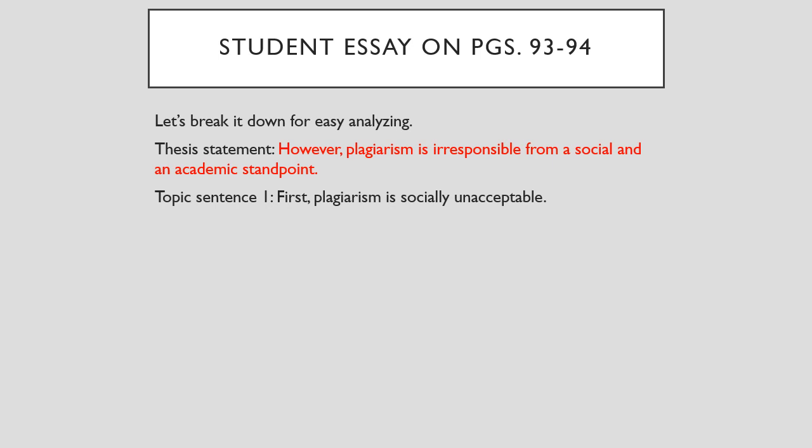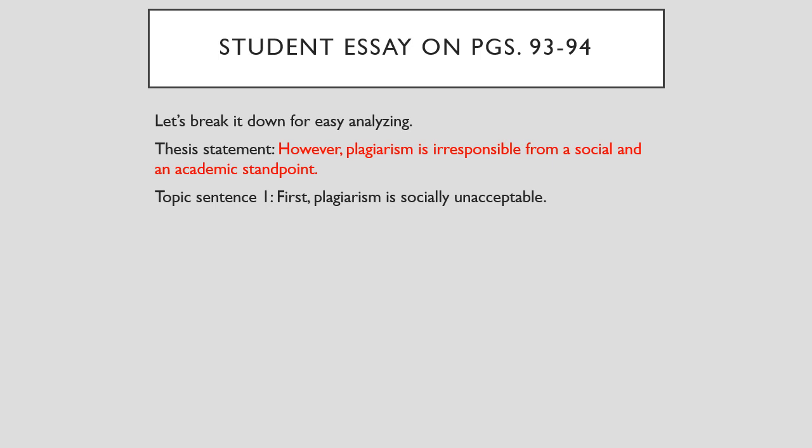So in the thesis, it says that plagiarism is irresponsible from a social and an academic standpoint. We're going to have two topic sentences. Well, I shouldn't say that. You're going to have three, but you're going to have two topic sentences that discuss your argument, because the third one is going to be the counter, right?